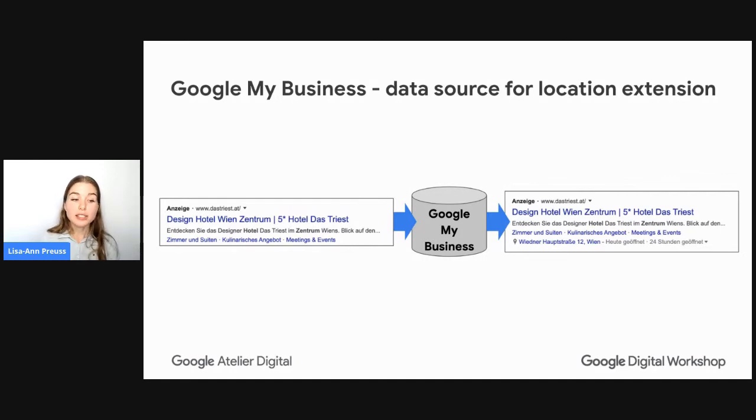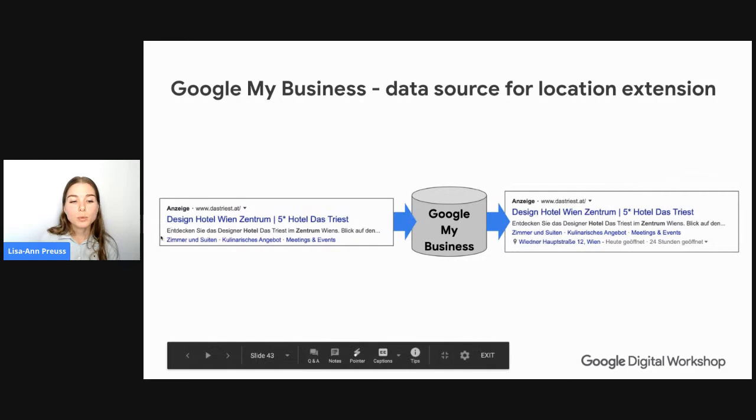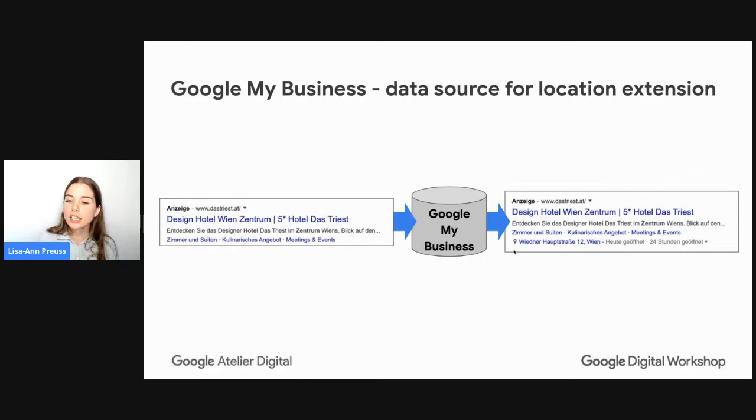And you can see what that looks like. Whilst this would be the text ad without the location extension, here, if someone is in proximity to that hotel, then they will actually see the location on their device.